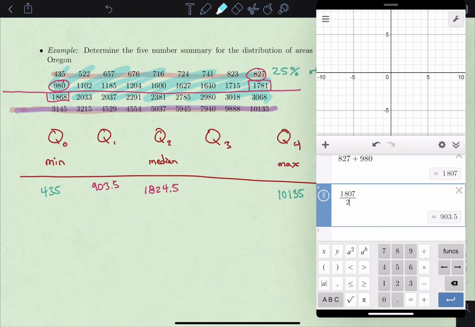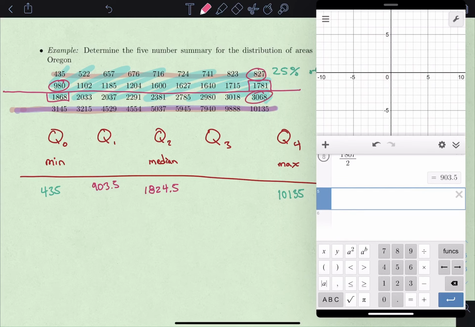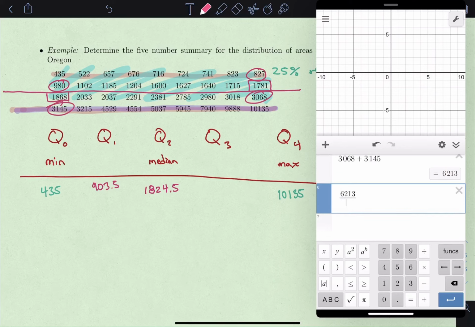So we want to average 3,068 and 3,145. We first add those numbers together and then divide by 2 to get an average. This is 3,106.5.